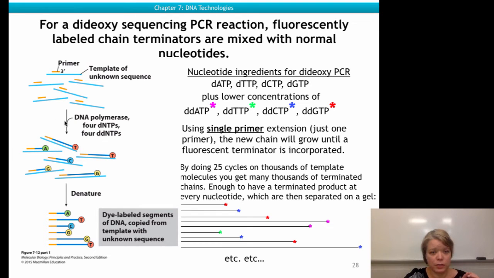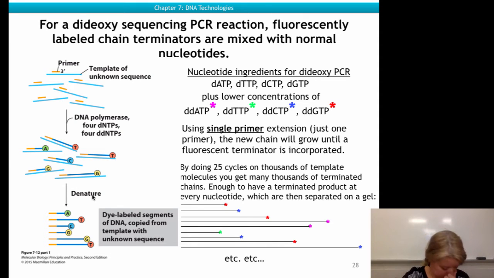So when the DNA polymerase has extended and the nucleotides have been incorporated, at some point it grabbed a dideoxynucleotide instead of the standard one, and that chain was terminated because DNA polymerase could no longer continue the reaction since the OH group was missing.